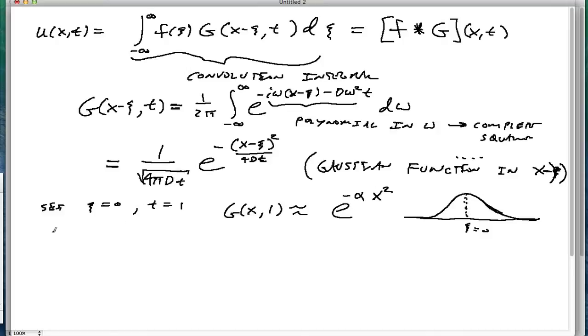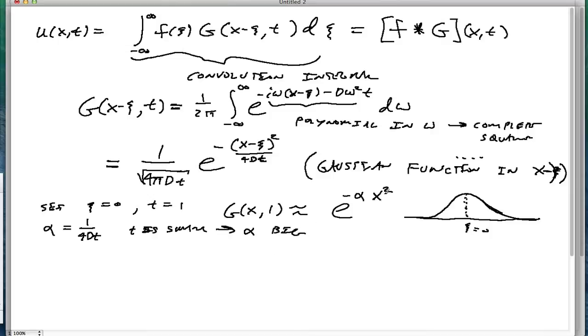Now, what about this parameter alpha? You notice that alpha is actually, in this case, related to 1 over 4 dt. And again, we're neglecting this part. This is going to do something important to the function as a whole, but the real engine of the function, of course, is the exponential. So if t is small, that means alpha is big.